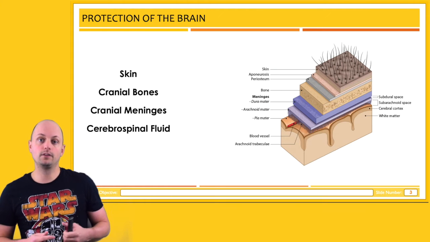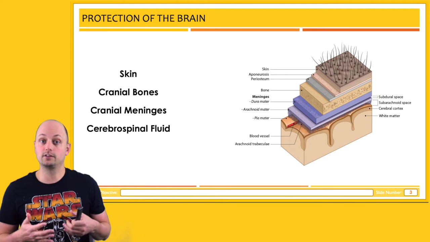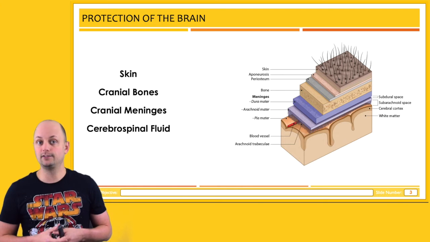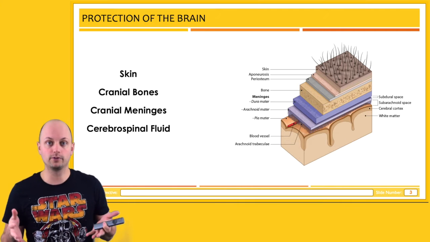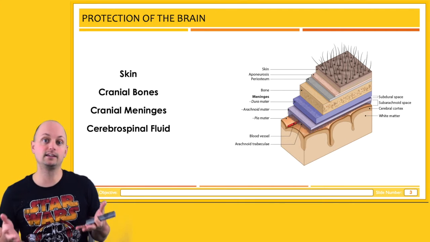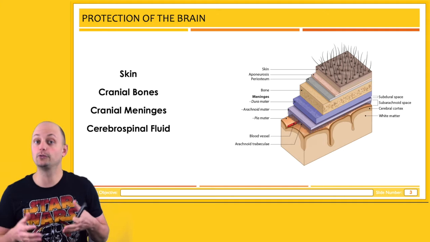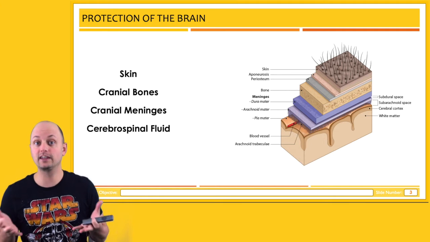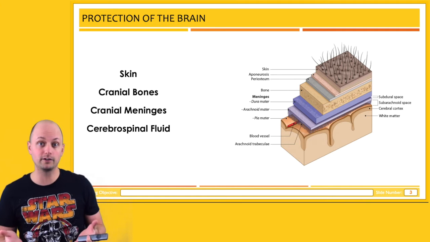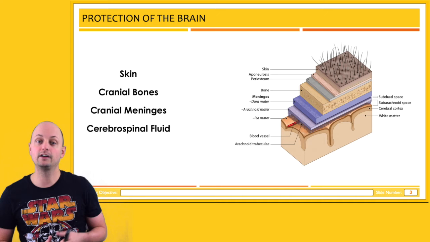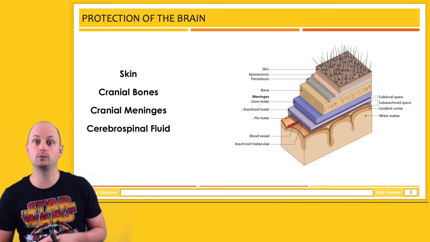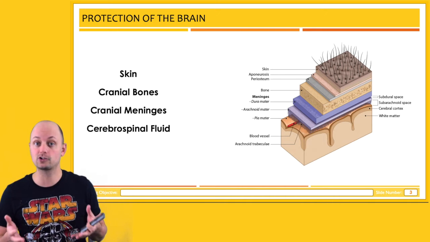So, our brain is contained within the cranial cavity, and it's physically protected by a number of things. Some of them are listed here on this slide. So superficially, you have your skin, which creates a physical barrier with the external environment. If we go a little bit deeper to the skin, then we have the bones that form the actual cranium.